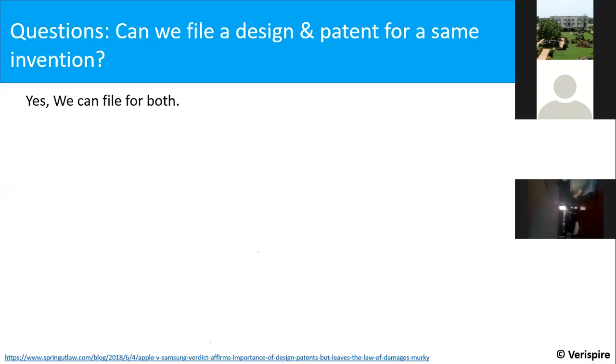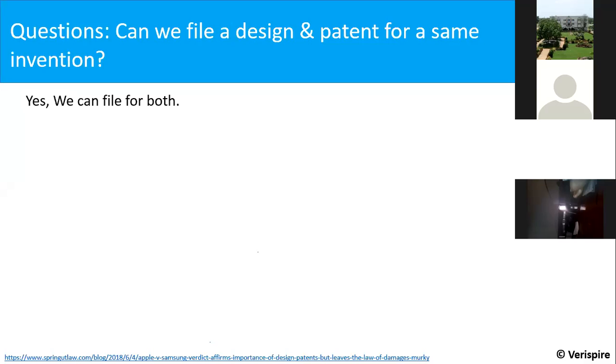There's another example I want to take: mobile phones. Mobile phones have different structures. I'm using OnePlus, someone is using Apple, someone is using Xiaomi. Every mobile phone has a different structure, different outlook, different camera positioning. That is covered in design.